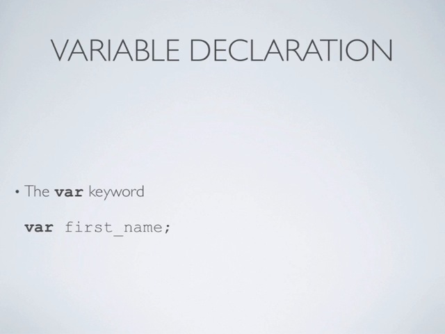In this case, whenever we use the var keyword, it tells JavaScript that what we want to happen is to have a new variable created. So if I say var first name, as is shown here, what will happen is a first name variable will be created for me. Basically it will be assigned to one area of the computer's memory so that I can store and then later retrieve values from that particular part of the memory.